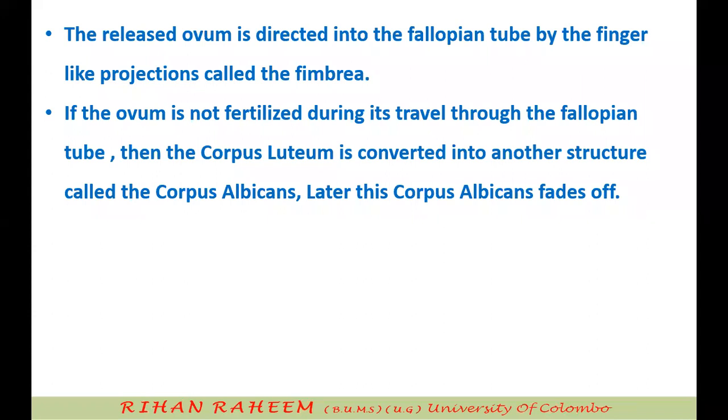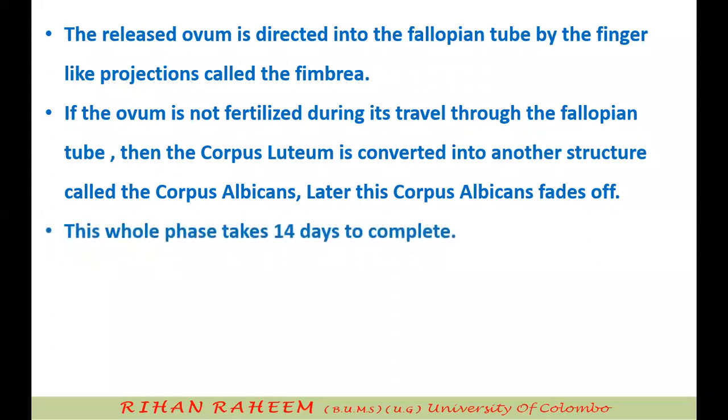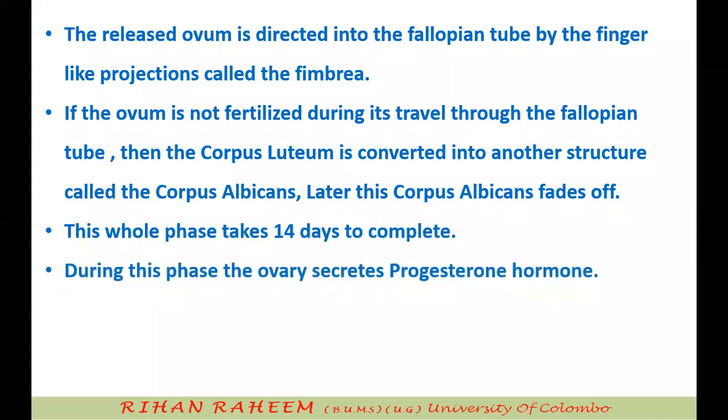Later, this corpus albicans fades off. This whole process takes 14 days to complete. During this phase, the ovary secretes progesterone hormone. During the first phase, you all know the ovary secretes estrogen hormone. Then during the second phase, it produces progesterone hormone.